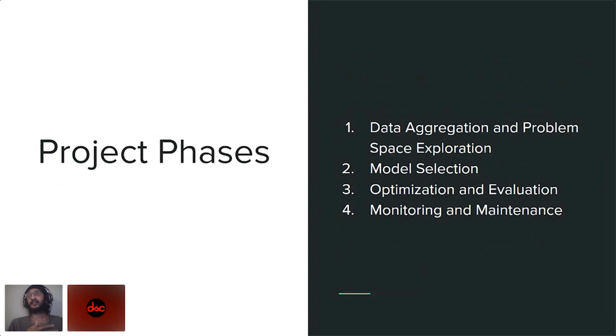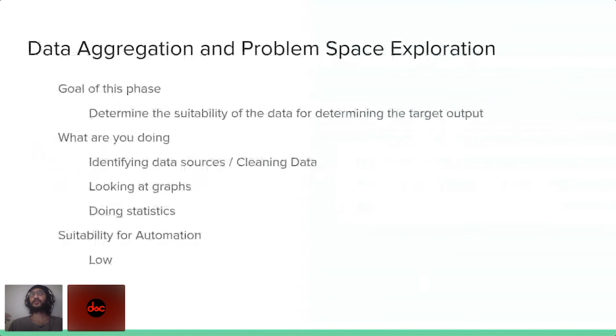As I was mentioning earlier, essentially what we're trying to do in this phase is to go through and determine the suitability of the data for determining some target output. There's really a step 0 before all of this, which is to identify specifically what your business goal, or the goal of what you're trying to set up, is.